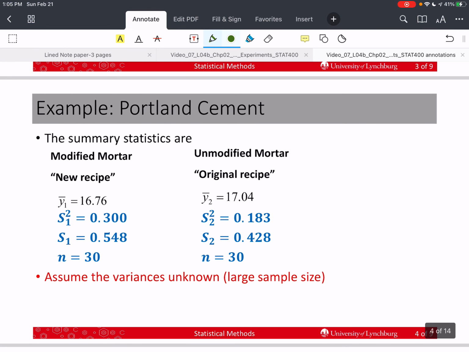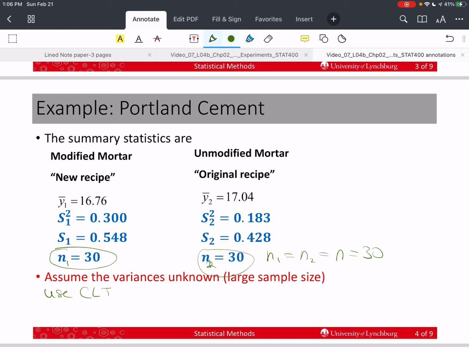I've put those here in blue. So we need to have N1 and N2 equal to 30. So N1 equals N2 equals N equals 30. Okay? In order to use the central limit theorem.